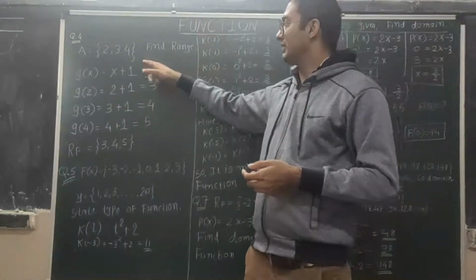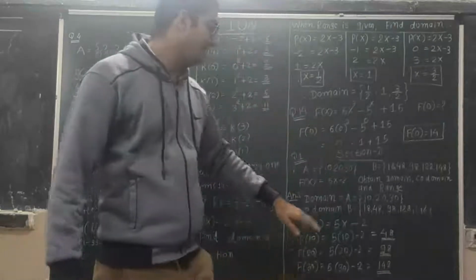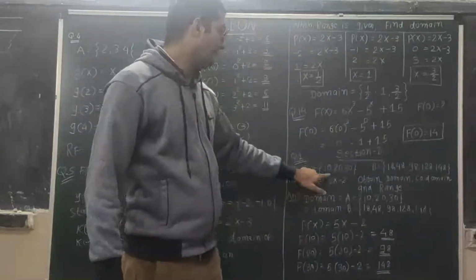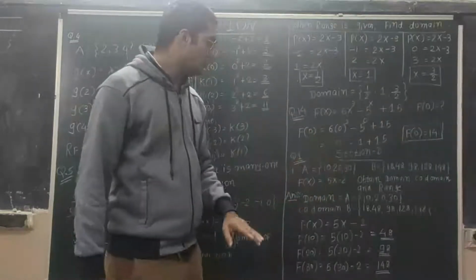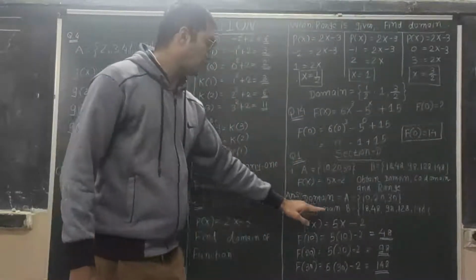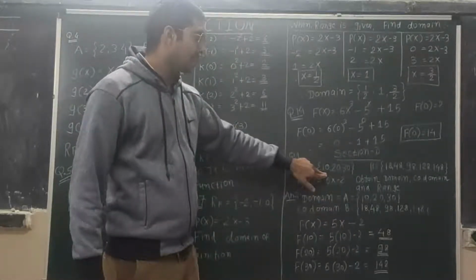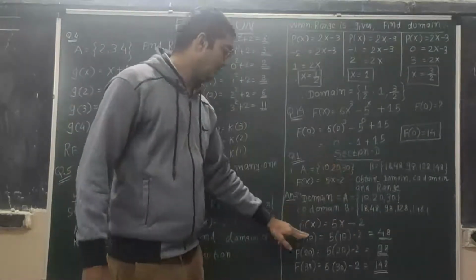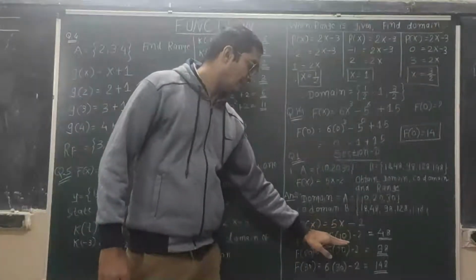How? Put the values of the domain in the function equation. Same way here, put the values of the domain in the function equation. The function equation f of x is equal to 5x minus 2, where the values of the domain 10, 20 and 30 are put accordingly. So instead of x it is 10, 20 and 30.